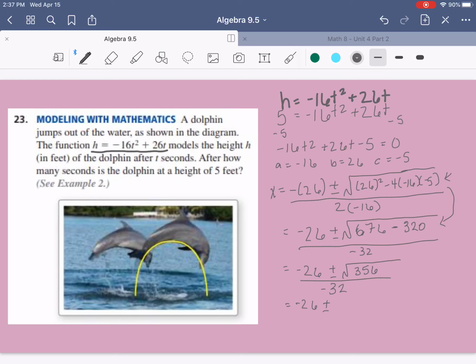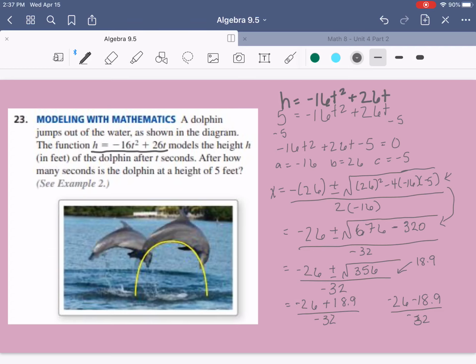So negative 26 plus 18.9 divided by negative 32, and I've got negative 26 minus 18.9 over negative 32. So yes, the square root of 356 is about 18.9.